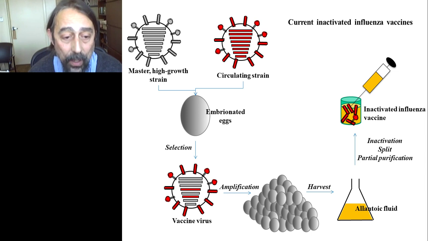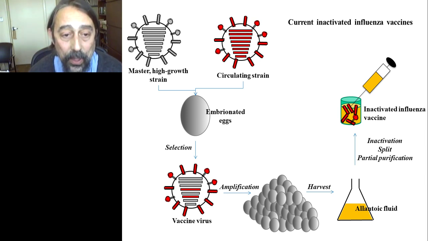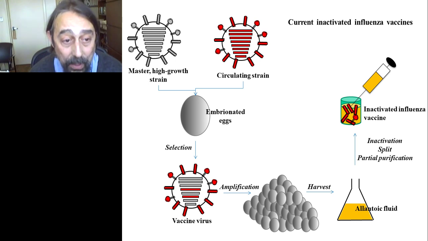You harvest a lot of viruses produced in eggs, then you inactivate the virus and partially purify the hemagglutinin and neuraminidase, and this is what is used as the inactivated influenza vaccines. They are based on the hemagglutinin of the circulating viruses, because the circulating viruses change, the hemagglutinin changes, and then you need to update the vaccine almost every year, and you need to take it every year.